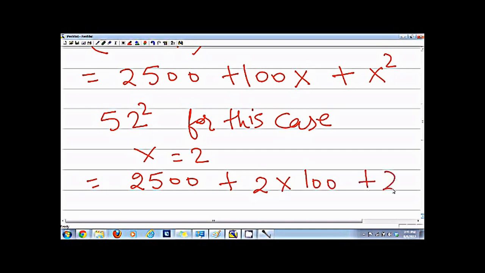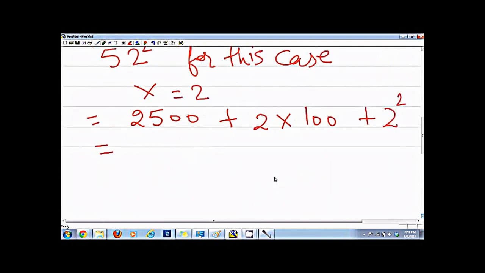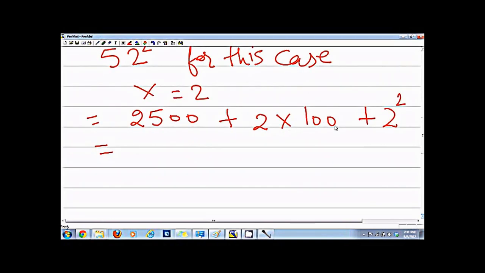And you can see, because 2 is at the hundredth place, this 2 will be added to 5, and then this 2 square is at first place, so it will come up on the last digit. So we will have 2704.